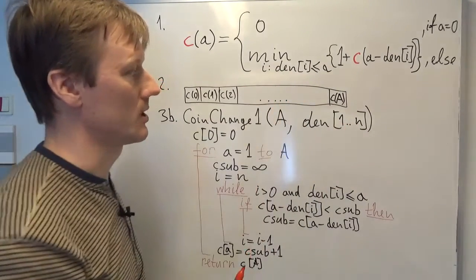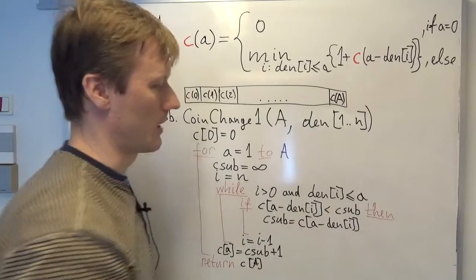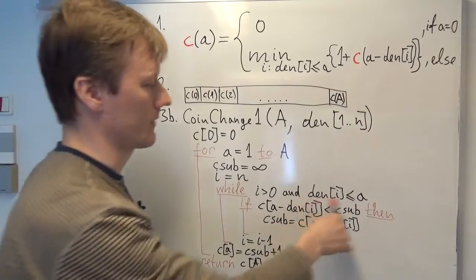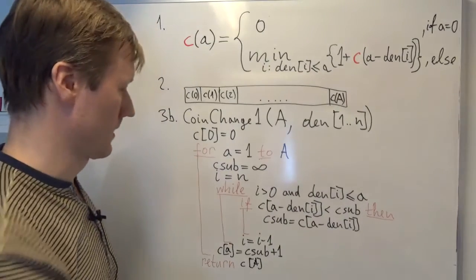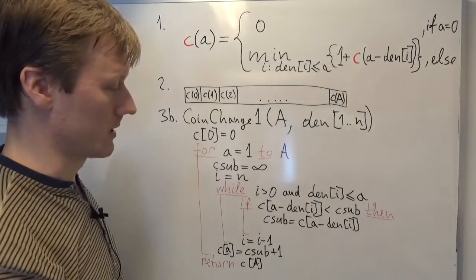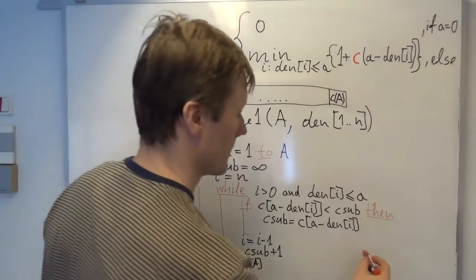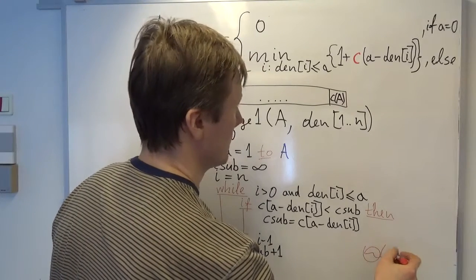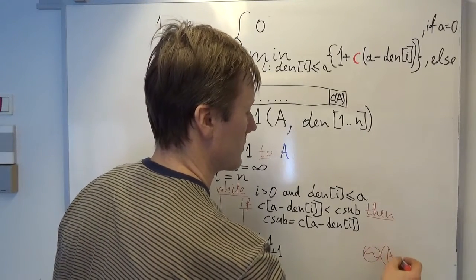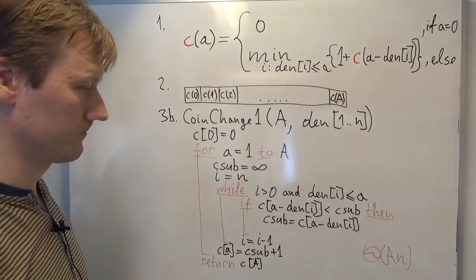That's how many denominations we have. Sometimes fewer if this amount is very small, but in the worst case, we have to run through all the denominations that we have. So in this case, the analysis is quite simple. The answer is that the running time of this algorithm is big theta of A times n. That's the complexity of this algorithm.